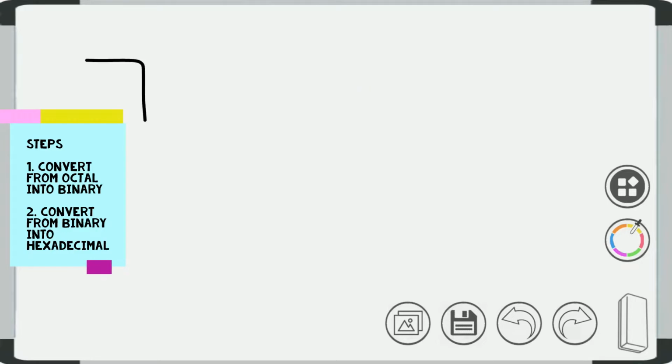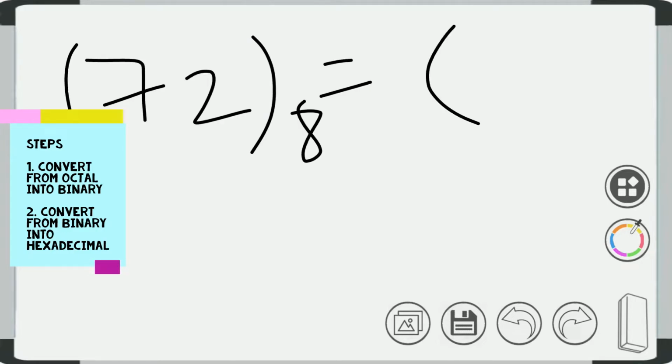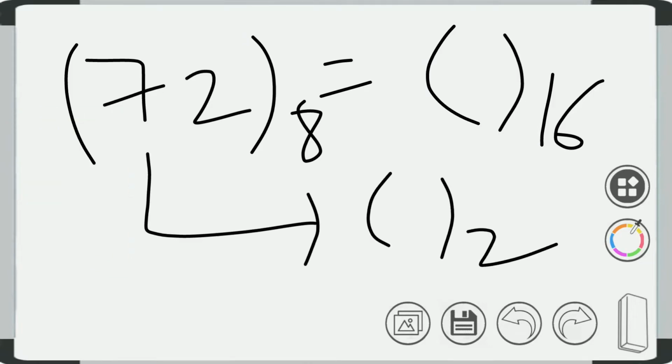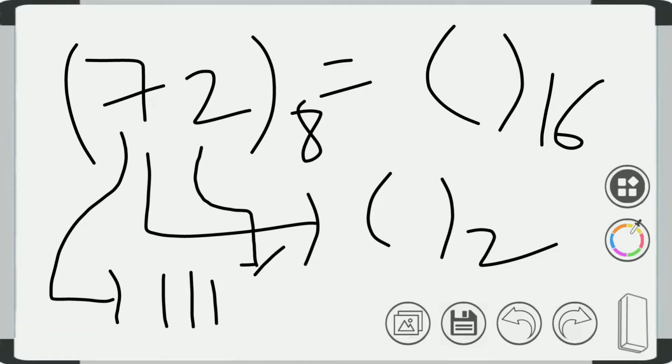Suppose this is an octal number 72 and it is to be converted into hexadecimal number system. Now, according to the first step, it should be converted into binary form. The binary representation of 7 is 111 and the binary representation of 2 is 010. So, this is a binary equivalent number system.